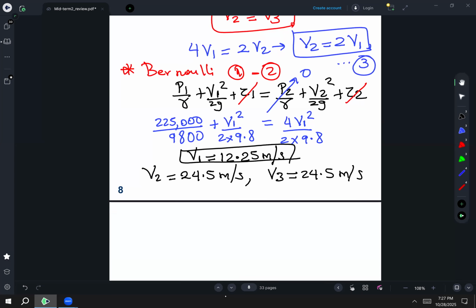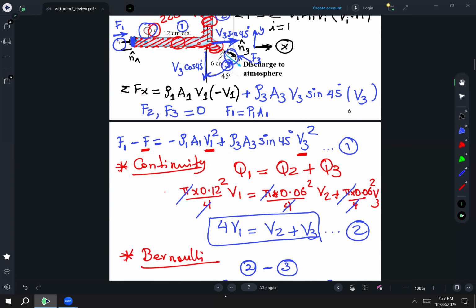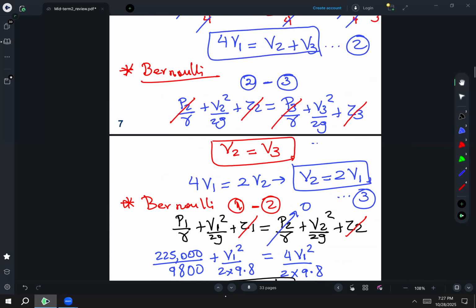Okay, so I think pretty much we are done. Now we have to go back to equation 1. So we can go back to 1 and we can substitute values. So in 1, we have F1 times area. So F1 is pressure times area.